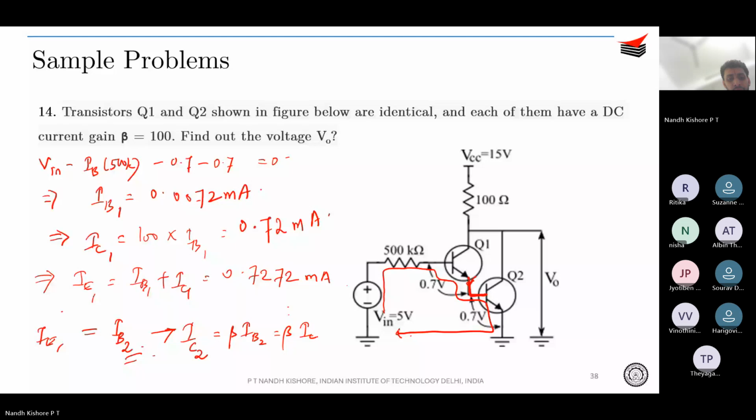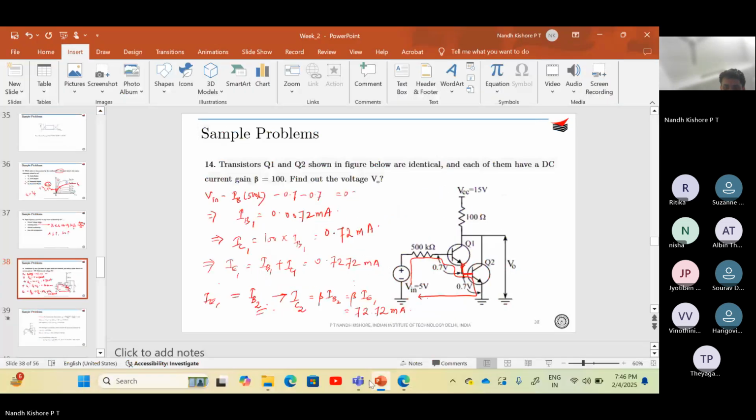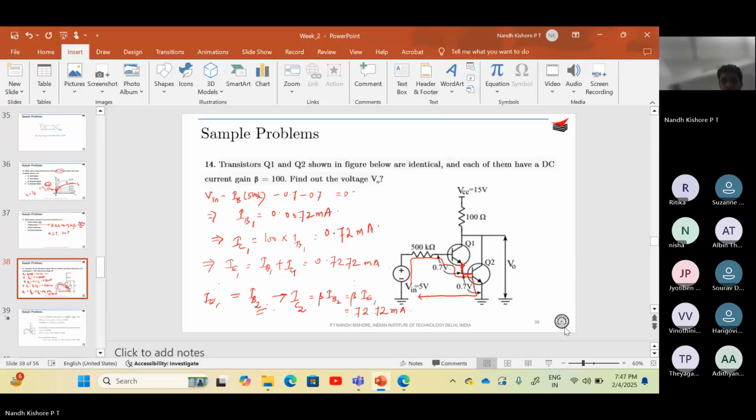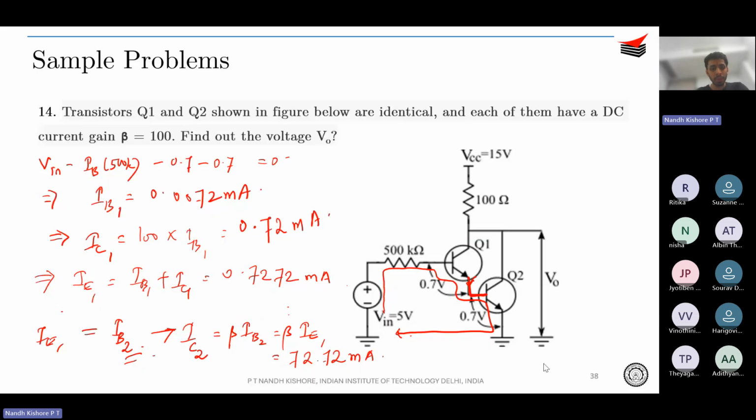So IE1 is 0.7272 and into 100 is going to be 72.72 milliamps. So that's your IC2.